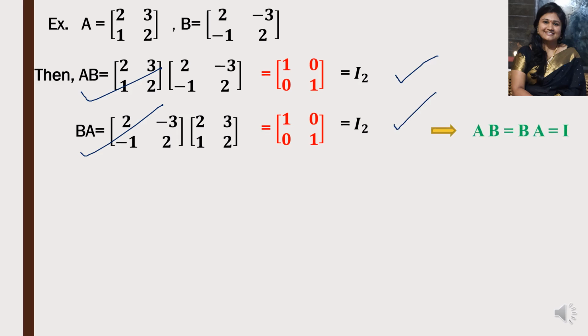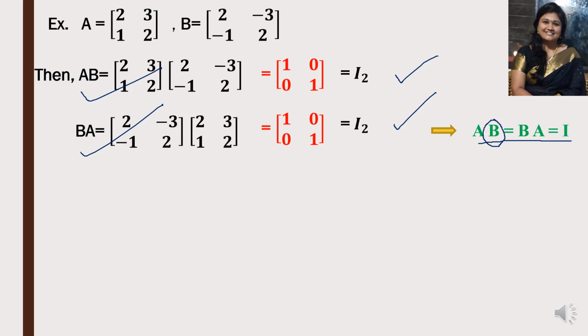So we have proved that A into B is equal to B into A, which is equal to I. Means we showed that B is the inverse of A. So we are saying that the inverse of A is B. Why? Because A into B is equal to B into A, which is equal to I.